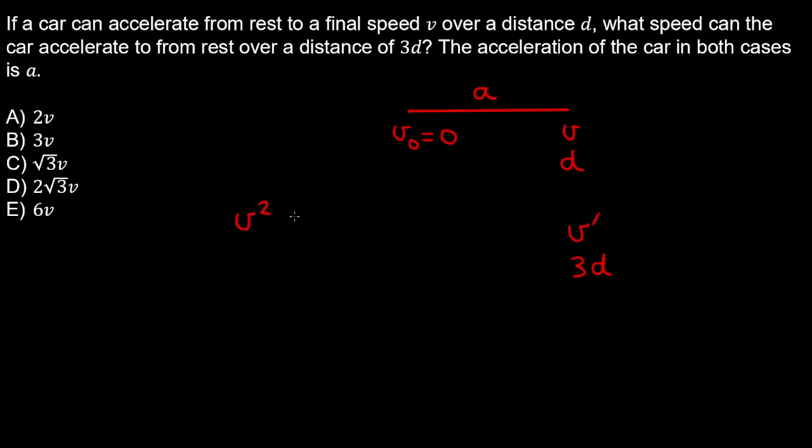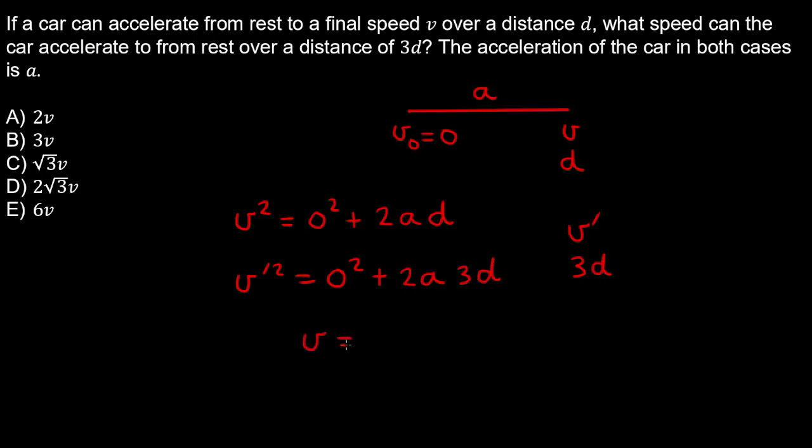So we can use v squared is equal to 0 squared plus 2 by the acceleration by the displacement over the interval. And our second equation will be v dash squared is 0 squared plus 2a by 3d.